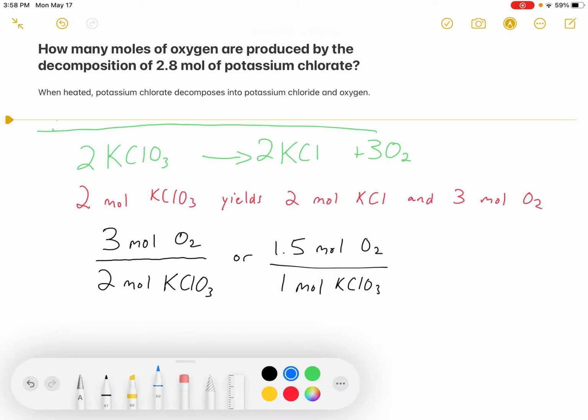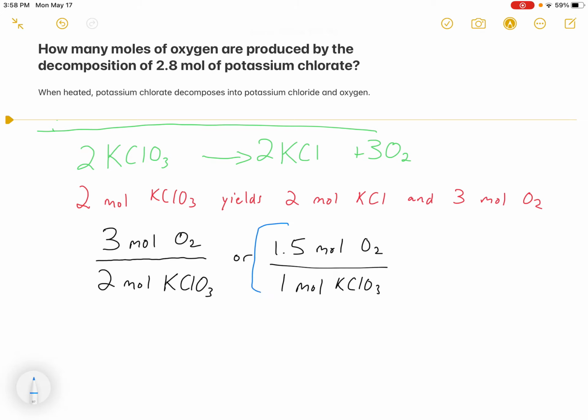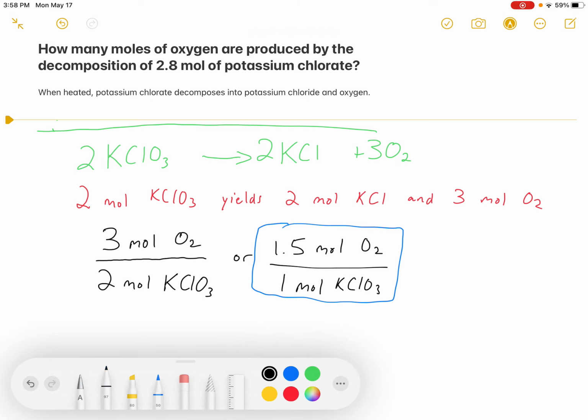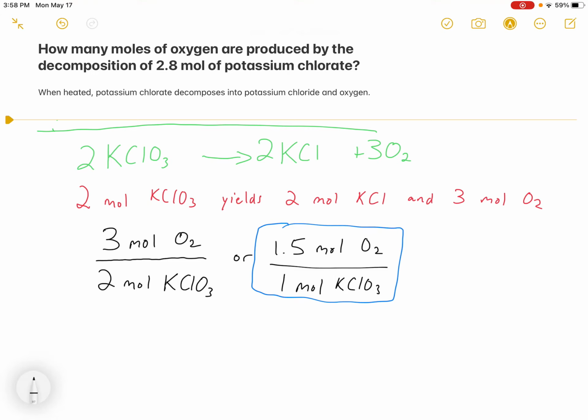And then we would have just a nice proportion or multiplier that we could use to determine our answer here. So we know at the beginning we had 2.8 moles of potassium chlorate. And that reaction gives us 1.5 moles of oxygen for every 1 mole of potassium chlorate.